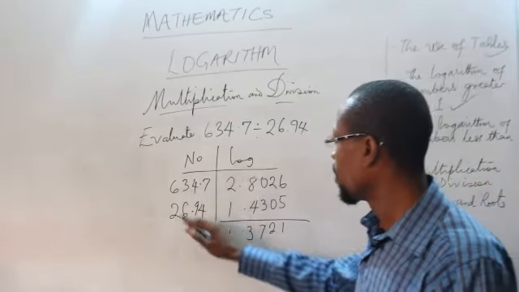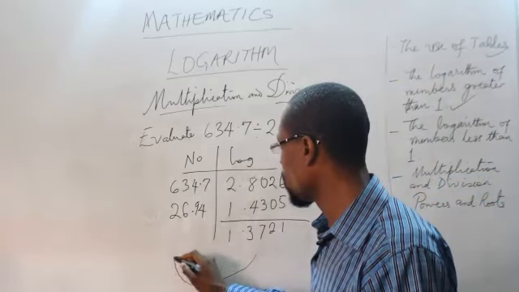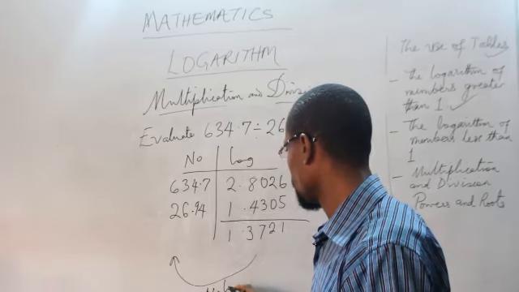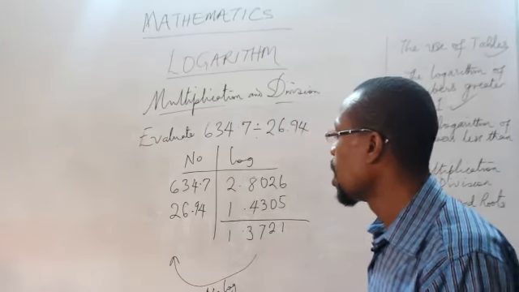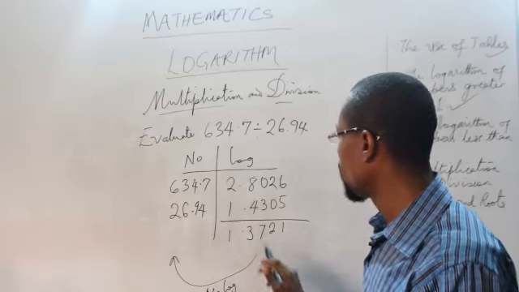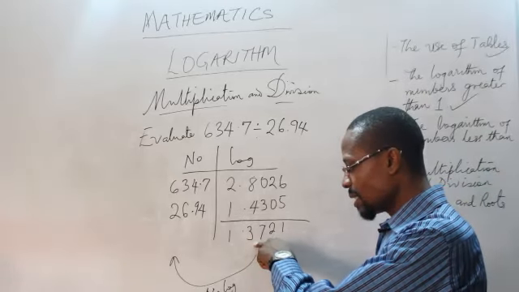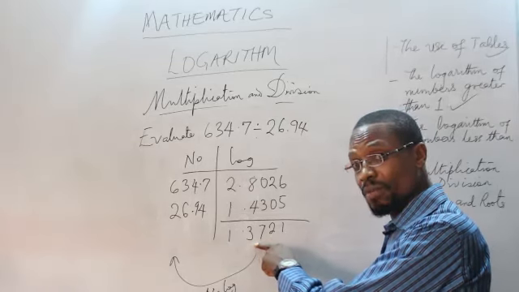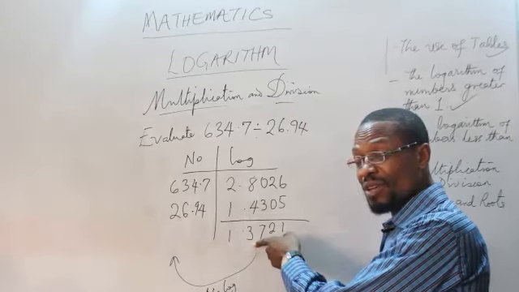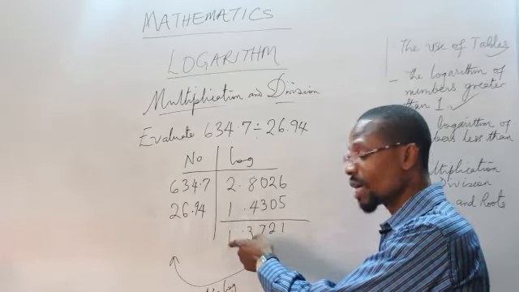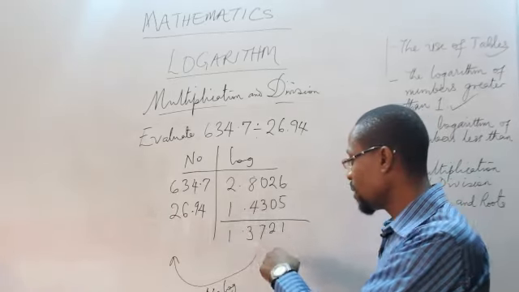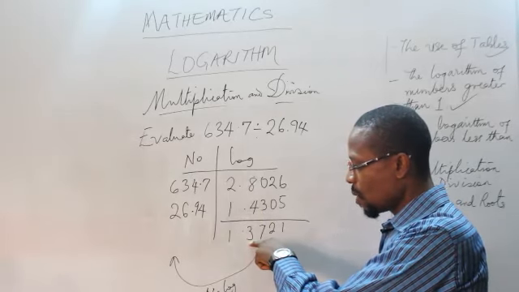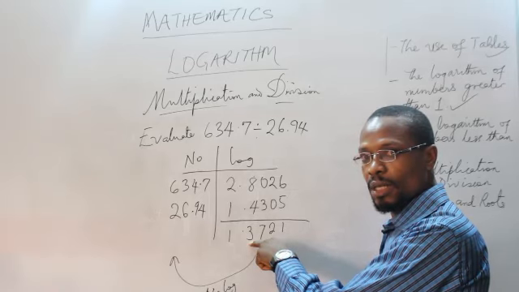So that is our logarithm from dividing. So the next thing we do is get the antilog. Remember, for the antilog, you're going to be dealing with just the mantissa. It is after you have got the antilog that you now use the characteristic to shift the decimal places. Now, what do we do?